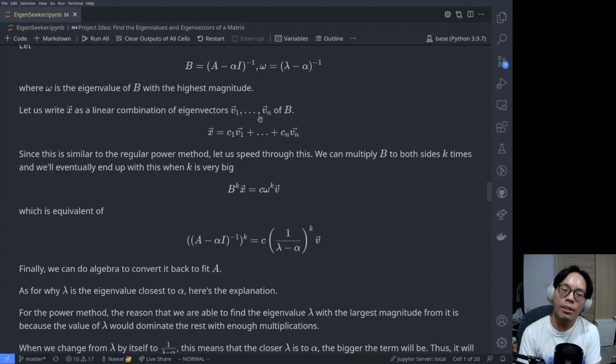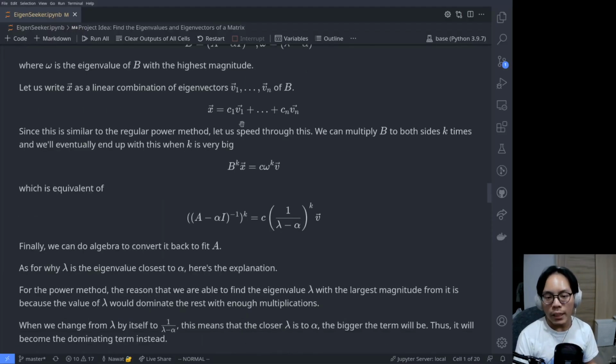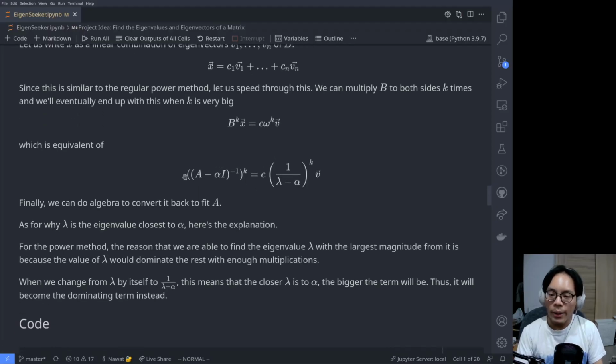It's basically the same thing as the power method. x is a random vector, and we do the same thing, but instead of the eigenvectors of A, we use the eigenvectors of B. Because this is similar to the regular power method, we're just going to skip a bunch of steps, and we end up with this when we multiply x with B k times, where k is very big, which is basically equivalent to this expression right here.